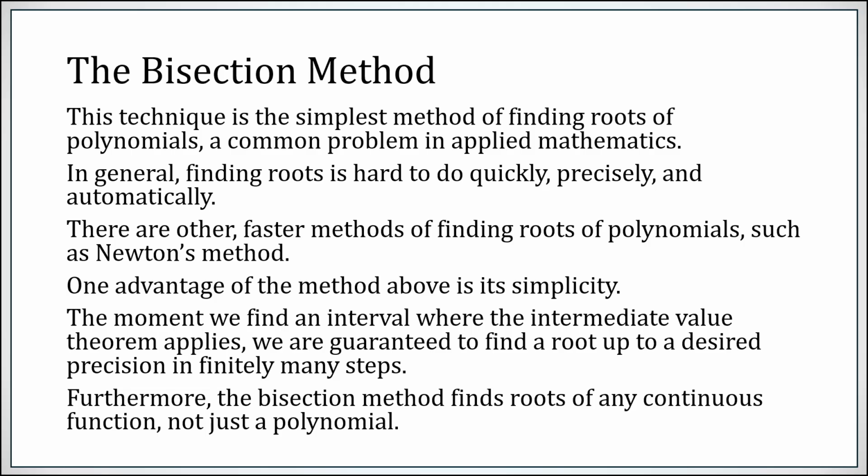Newton's method will come up later. It involves taking derivatives and using tangent lines, and there are specific scenarios where Newton's method goes wildly awry and just fails to work. This bisection method will always cut in half the interval at every step. It's just usually an inefficient way to do it, but it always applies.